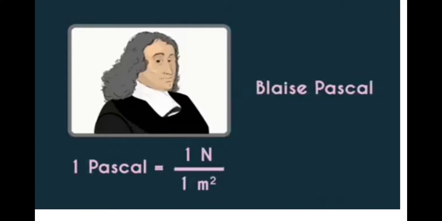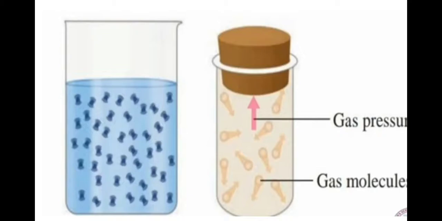Next, we will see pressure in fluids. All the following substances, both liquids and gases, are called fluids. Like solids, fluids also have weight and therefore exert pressure. When filled in a container, the pressure of the fluid is exerted in all directions and at all points of the fluid.